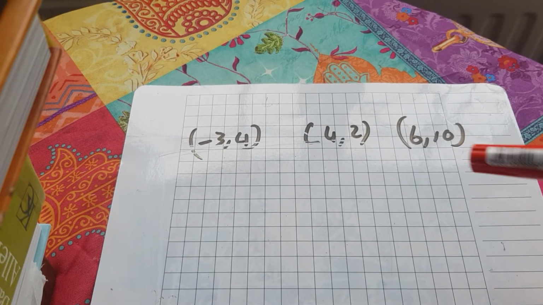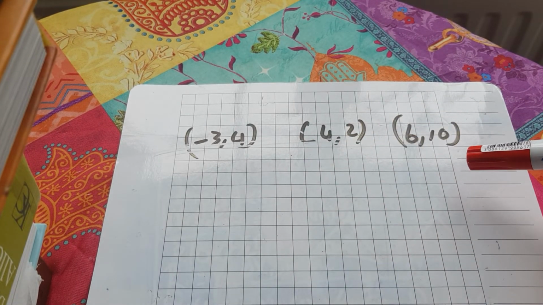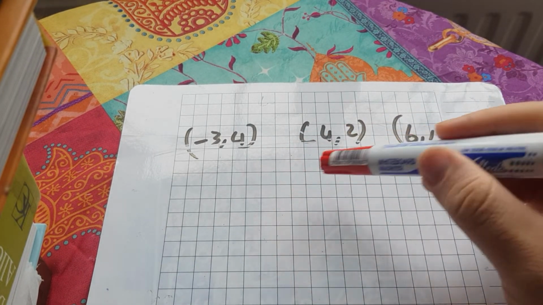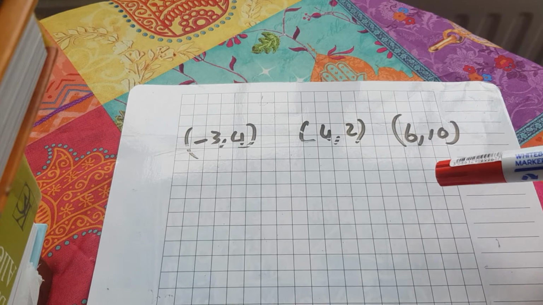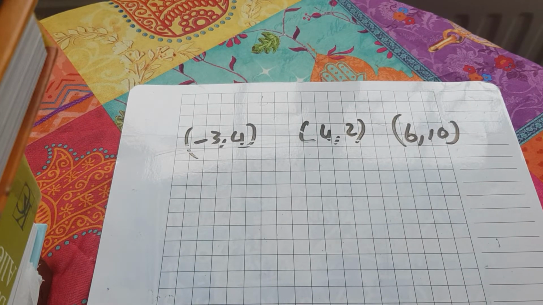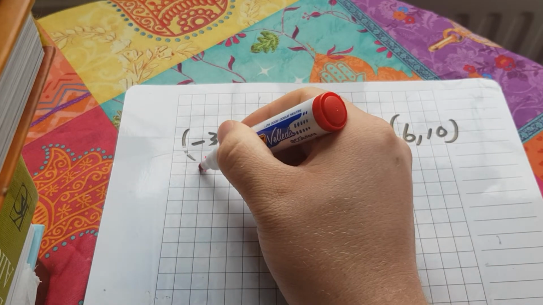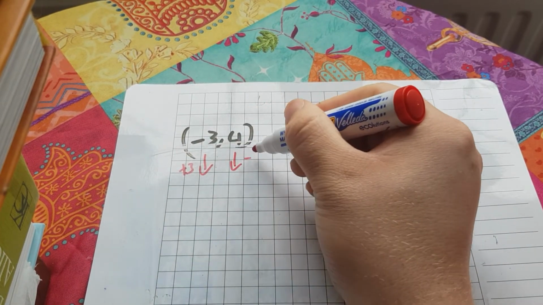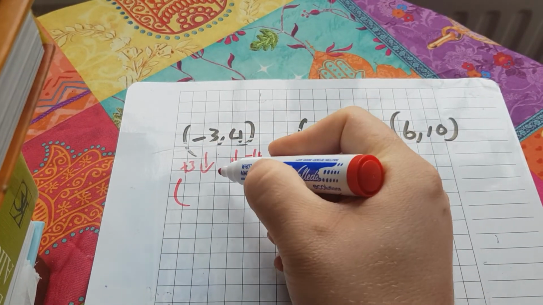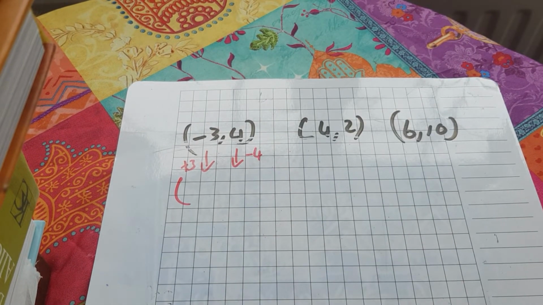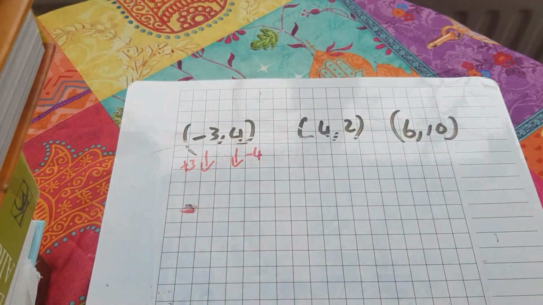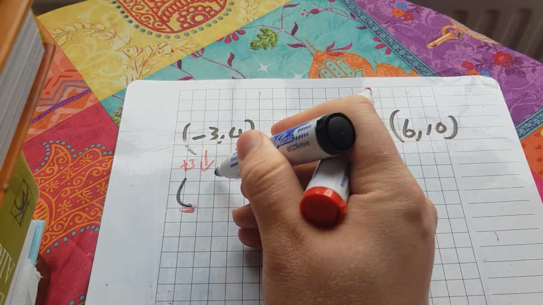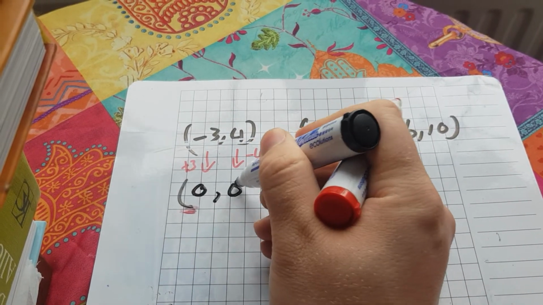So, you can pick any of the points to move to the origin, any of them at all. Normally just pick the closest one. So, these two, it doesn't really matter. I'm going to add 3 to the x and take away 4 from the y, to move this point to 0, 0.